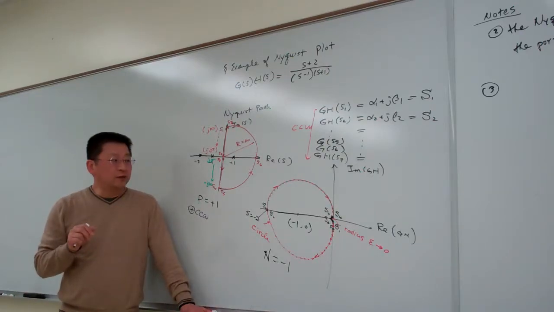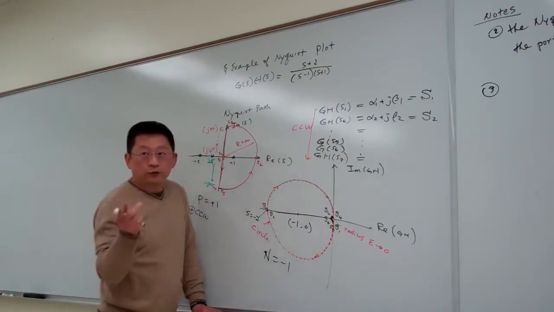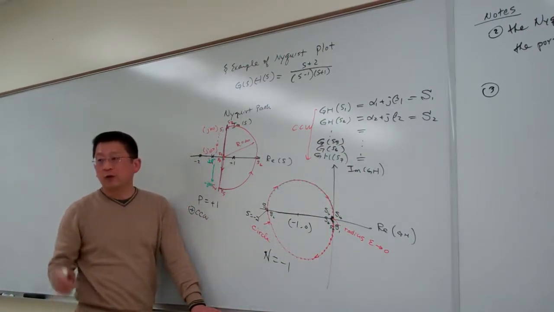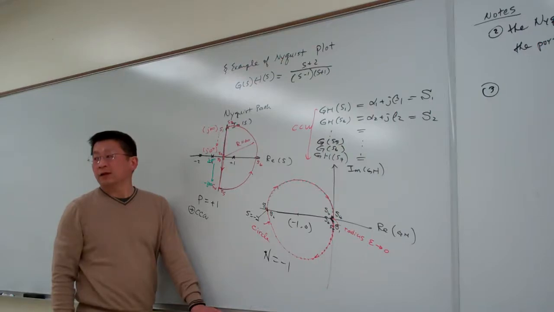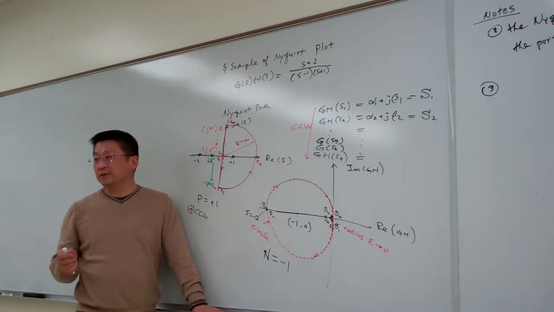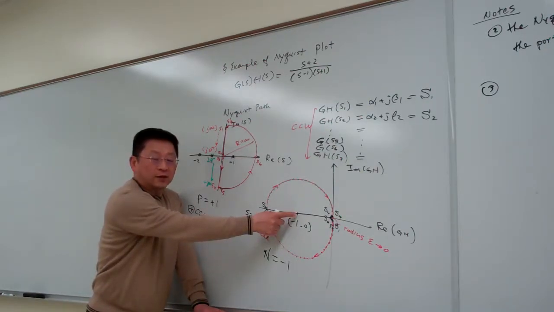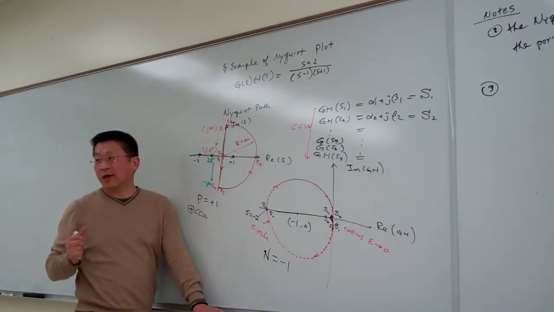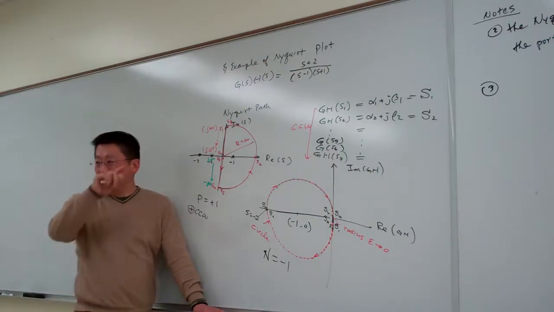In terms of the detailed plotting of the Nyquist function here, I do require you to show me in detail the rounding at the small scale. I do want to know whether you totally understand how to make it complete in your exercise. However, in terms of applying the Nyquist stability theory, which is about the encirclement of the point here, this point is so far away from here, so I don't care about the details. We just make it through.